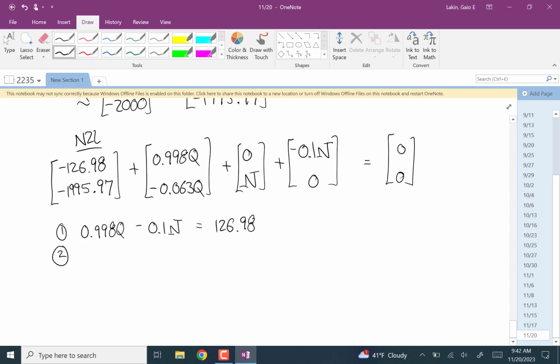The second one says negative 0.063 Q plus N is equal to positive 1995.97. You can solve that by substitution or reduced row echelon form.